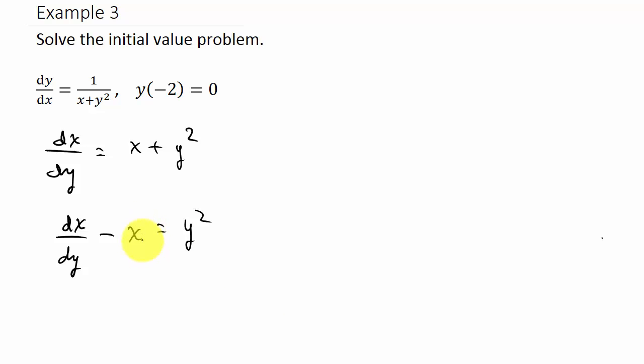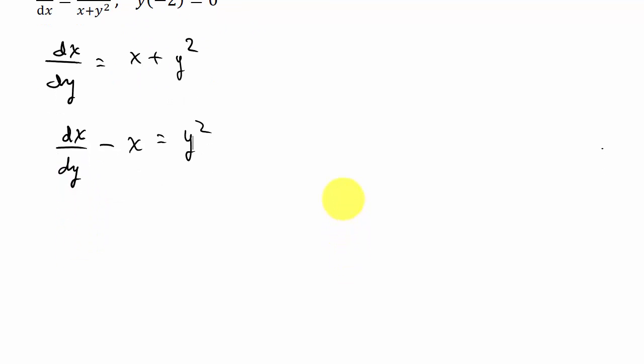So I'm going to do just like I did in my other two examples if you watched those, except I'm going to do it with the x, and this is going to be dx dy. So instead of having y prime like you normally do, this will be x prime minus x equals y squared.